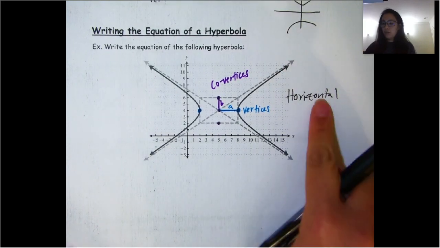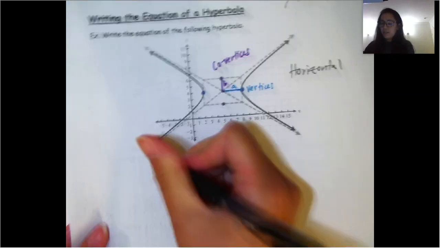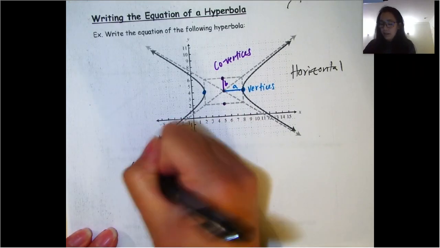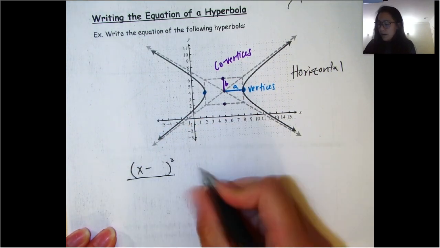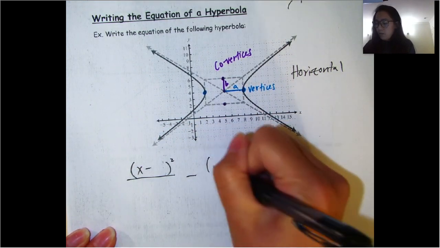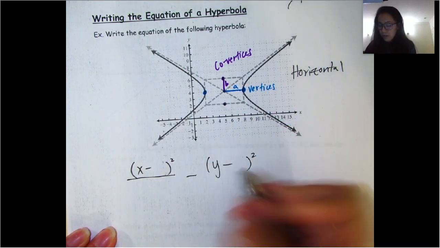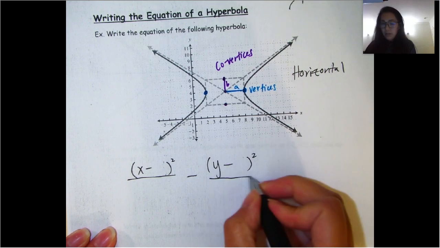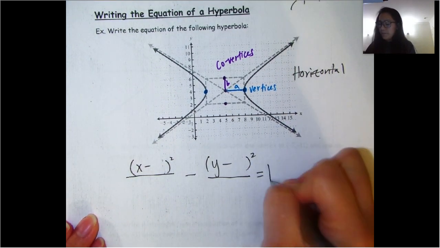Okay, so since it's horizontal, we know we're going to want to use the format of this equation. So that's going to be (x minus something) squared over a squared minus (y minus something, that's going to be k, the y value of the center) squared over b squared, and we'll fill that in a moment, equals 1.